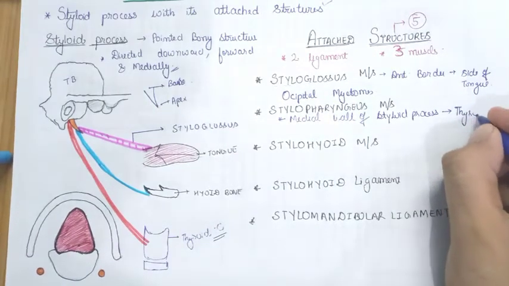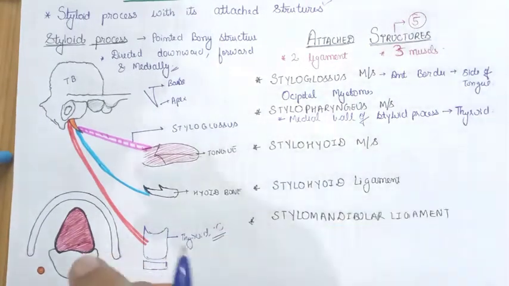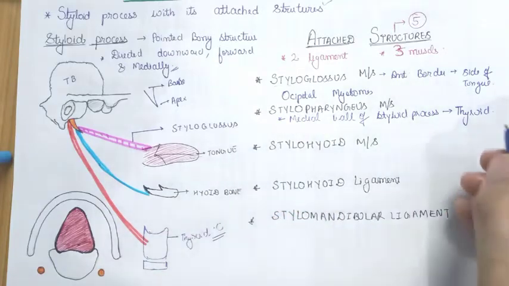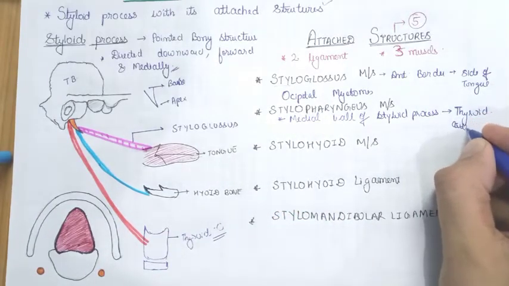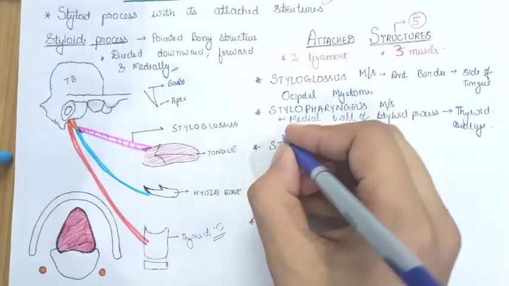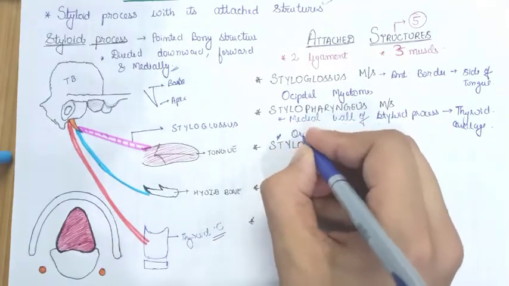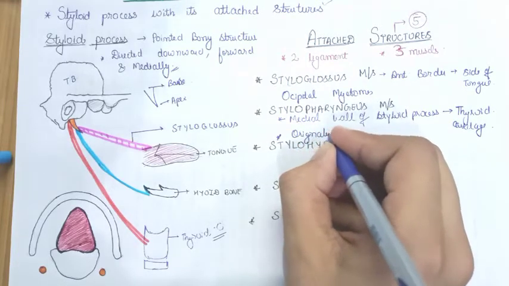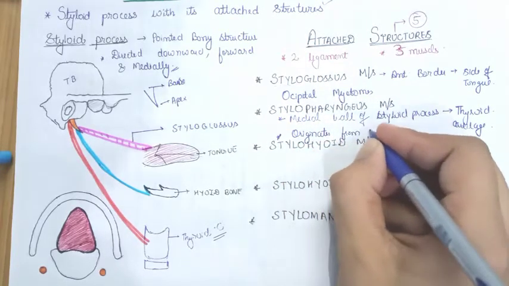The exact attachment I have discussed in the pharyngeal part, that is the lamina of the thyroid cartilage. And it originates from the third pharyngeal arch.